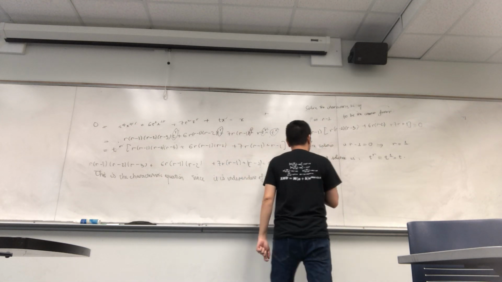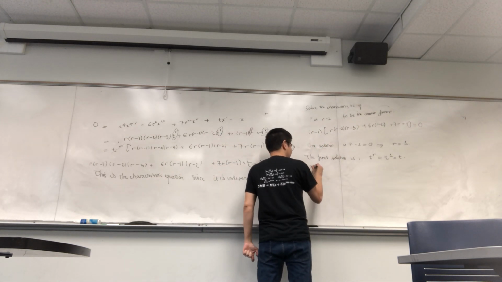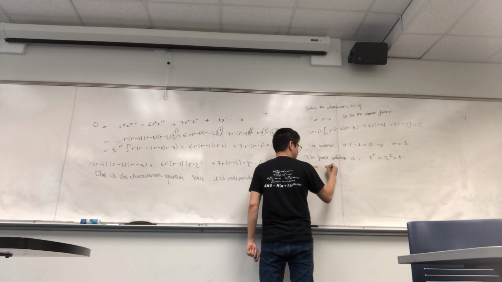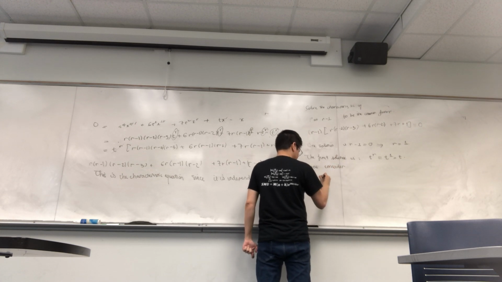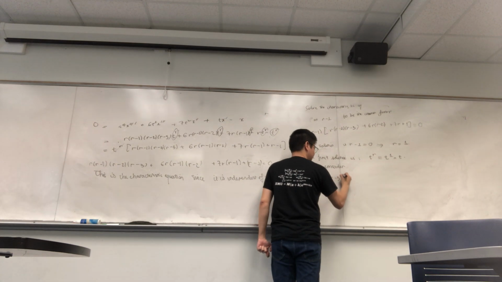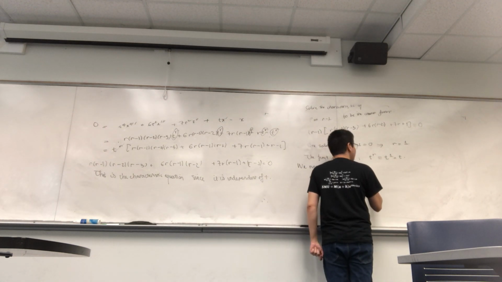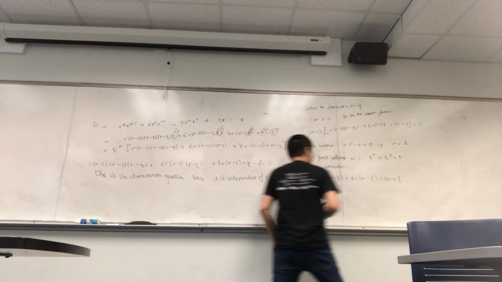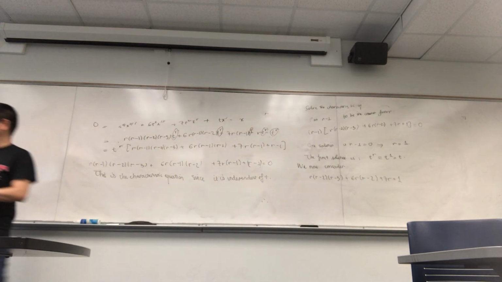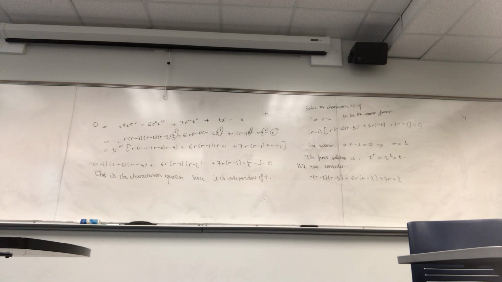So we now consider (r minus 2)(r minus 3) plus 6(r minus 2) plus 7r plus 1. All right? So I have to solve this equation.